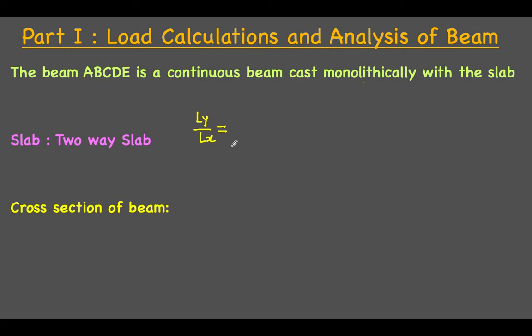Ly and Lx have nothing to do with directions. Ly is the longer direction, Lx is the shorter direction. Ly we are having 5 meter, Lx we are having 4 meter, and this ratio is less than 2. So when aspect ratio Ly by Lx is less than 2, we are going to call it a two-way slab.